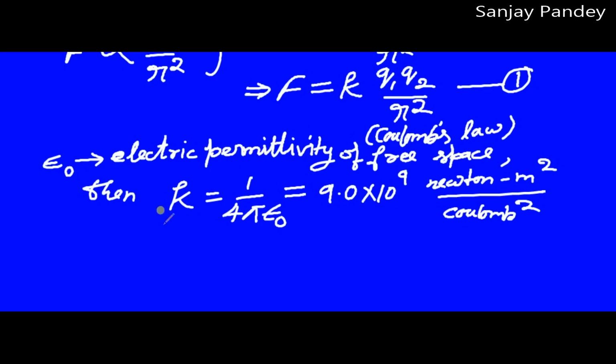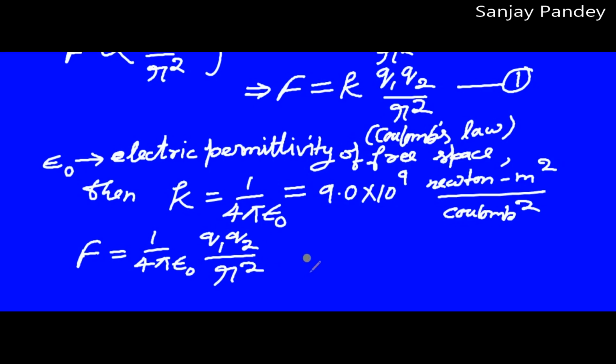So we can write equation 1 as F is equal to 1 upon 4 pi epsilon naught q1 q2 upon r square.